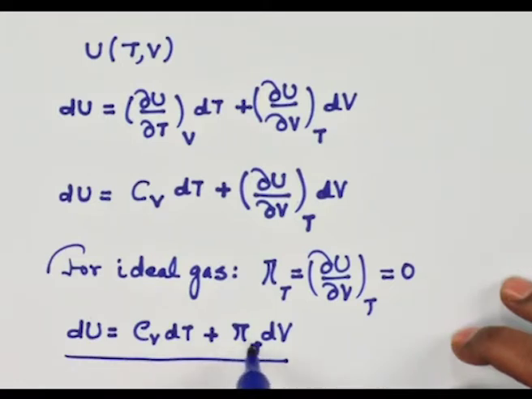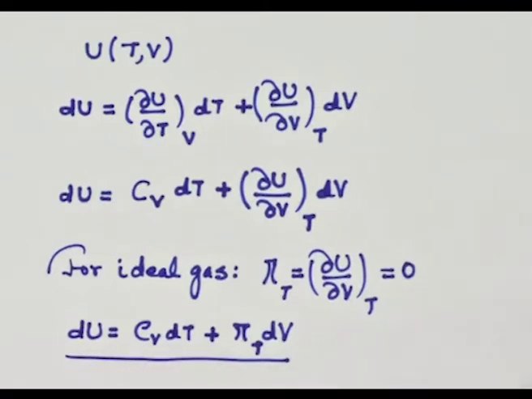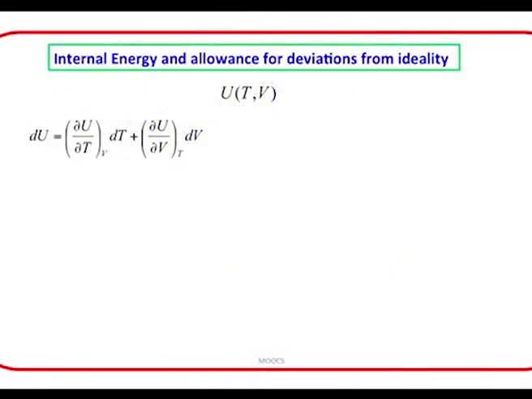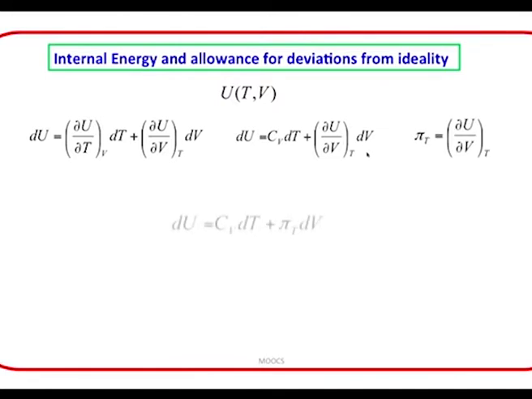That means for a perfect gas, we can always use dU is equal to Cv dT. And that is what is shown on this slide: dU is equal to Cv dT plus (∂U/∂V) at constant T times dV, and if you identify this as π_T, this is the equation that we just derived.